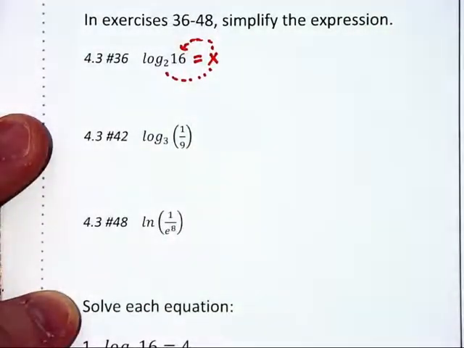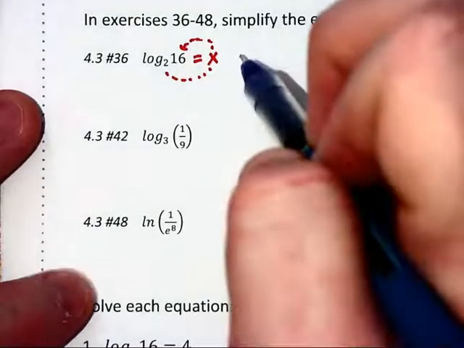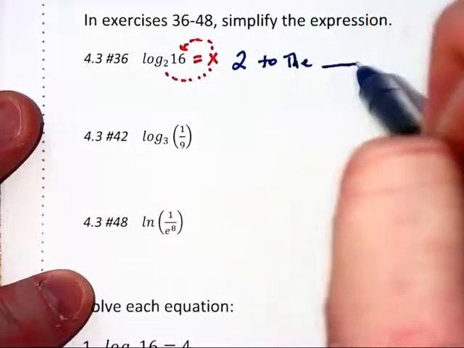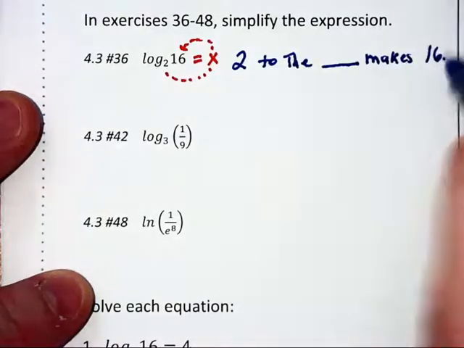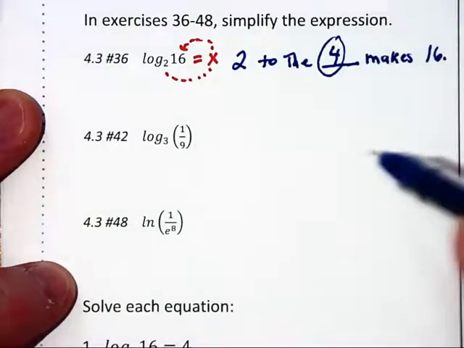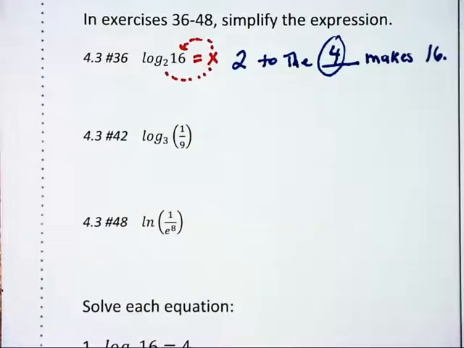But unfortunately, we don't have that equals x there. And so instead we're going to say 2 to the what makes 16. And then we can answer 2 to the 4th makes 16, and that logarithmic expression is equal to 4.